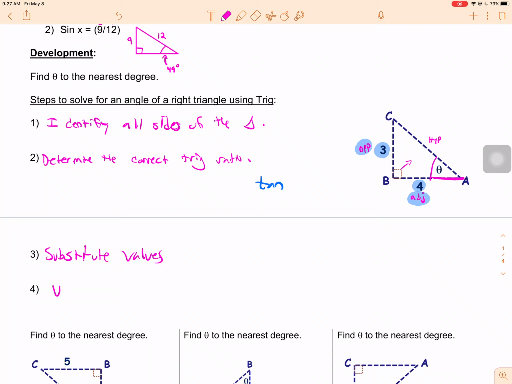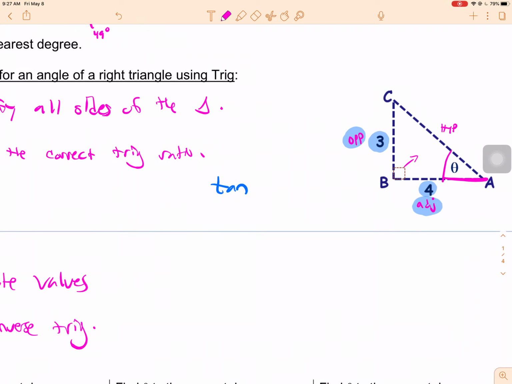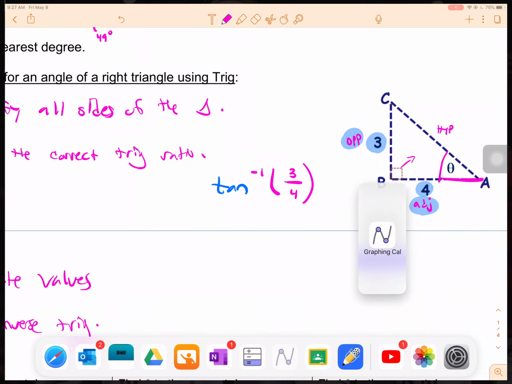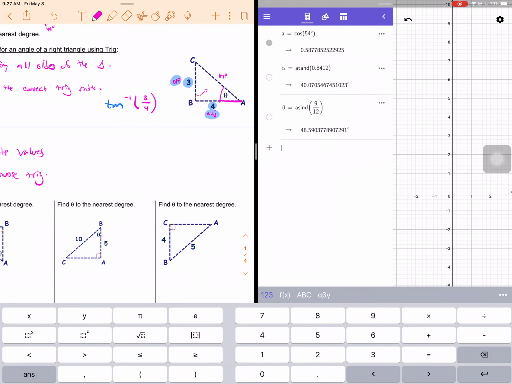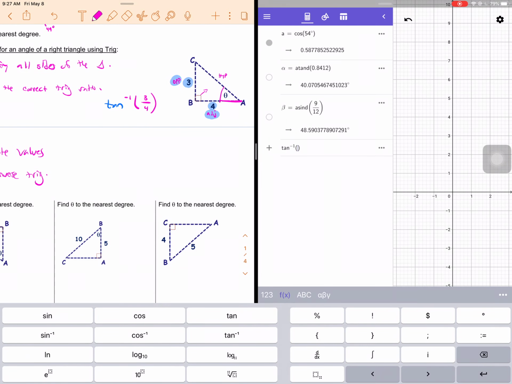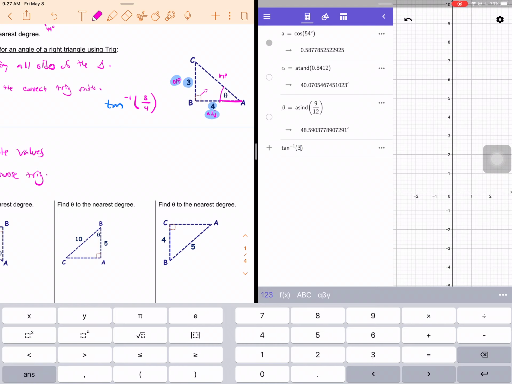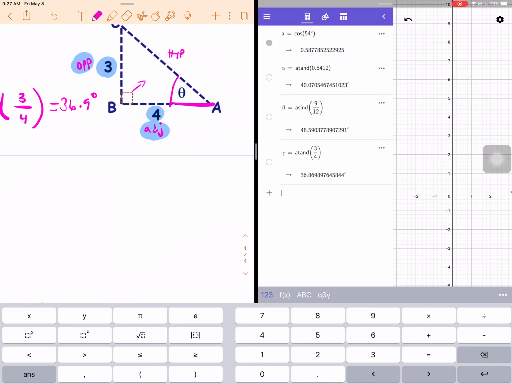And then step 4, use inverse trig. So tan inverse of opposite over adjacent. We're going to put this into the calculator. Inverse tan of 3 over 4, enter, and you get 36.9 degrees. That means this angle here is 36.9 degrees.